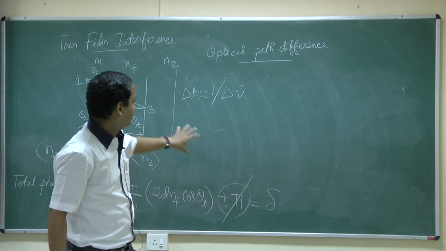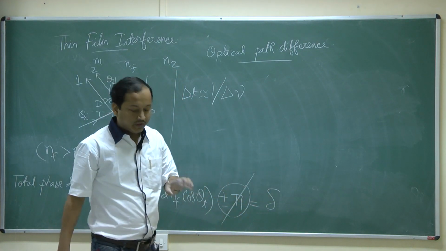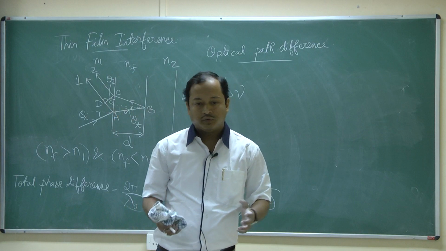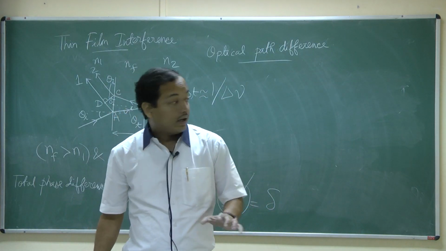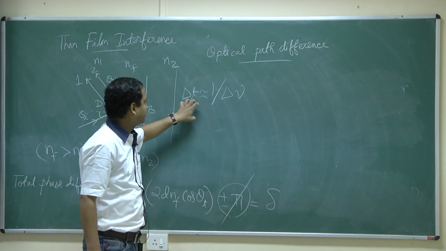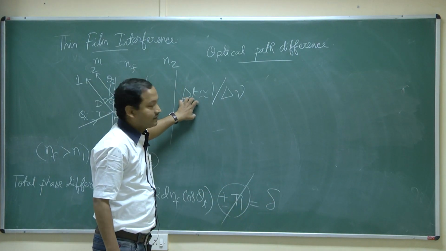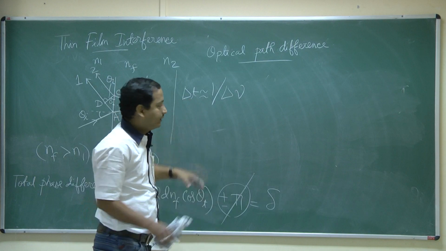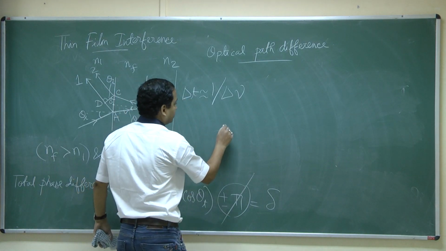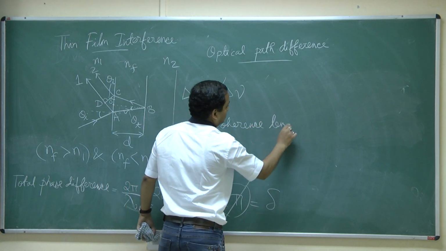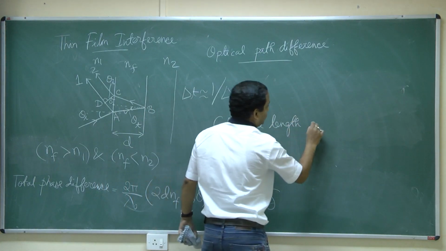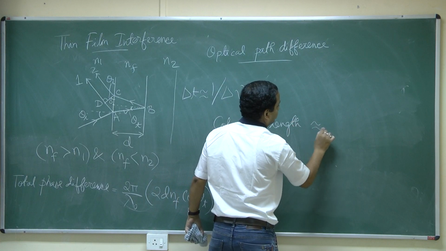This is typically the coherence time. And the distance traveled by light in this delta t would typically be the coherence length.